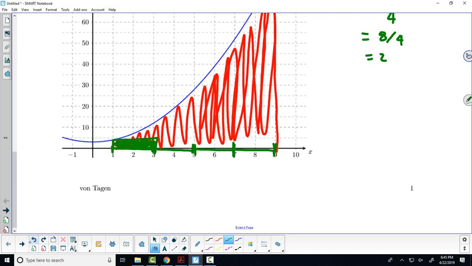By the way, there doesn't actually have to be a rhyme or reason. I could pick some random x value in here, call it x star, inside the third interval, and go up to where this point intersects the curve, and that's where I make my rectangle. Again, you don't need to write that down. We're not going to do this yet, but I just want to show you that there are different methods for doing this.